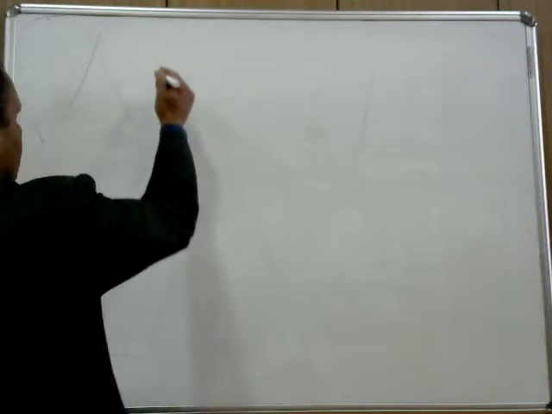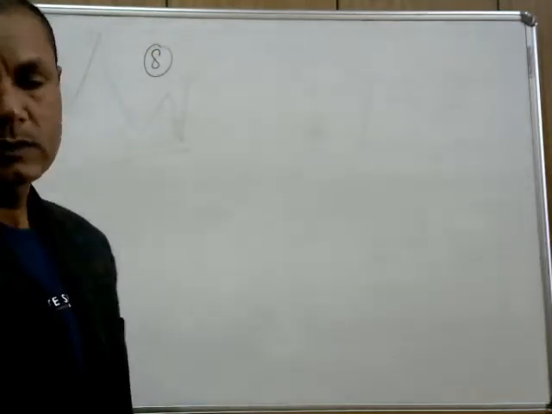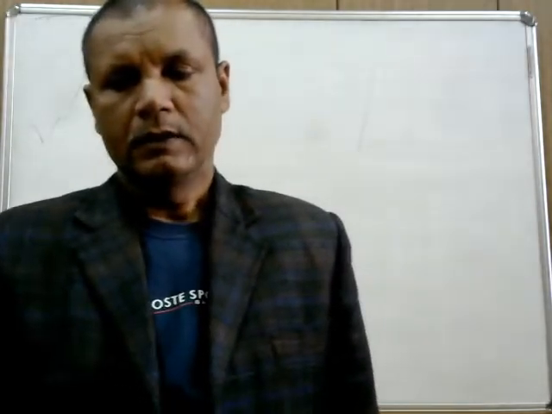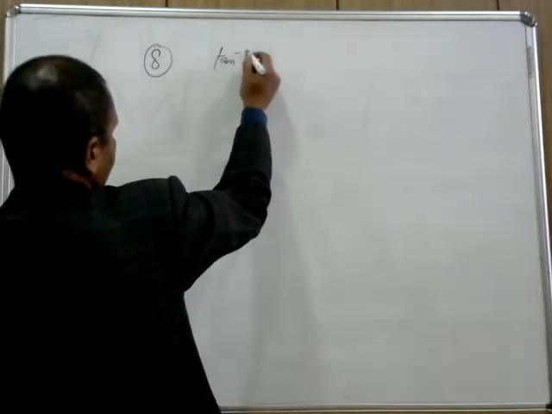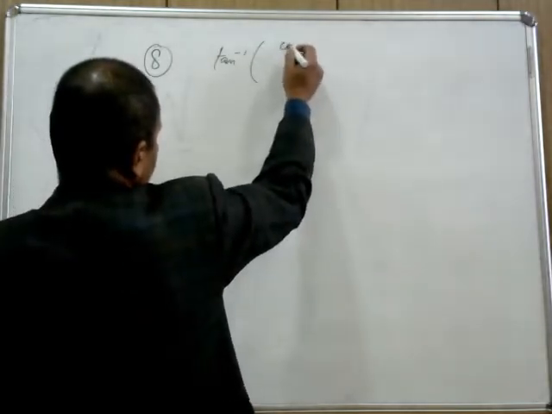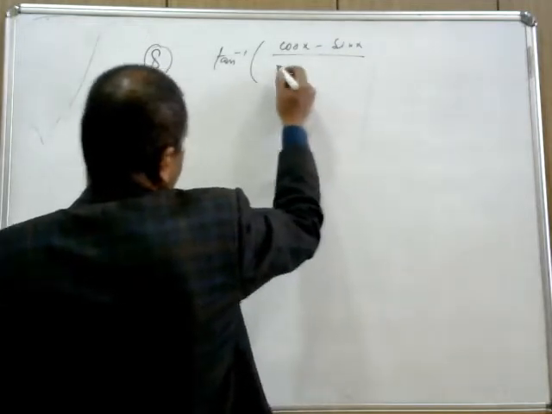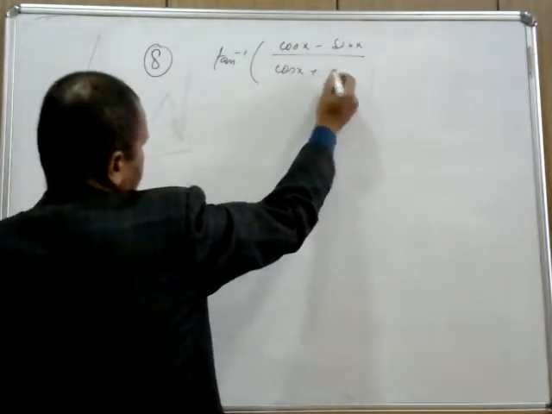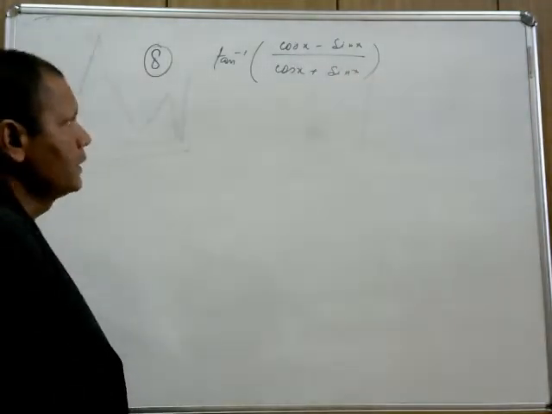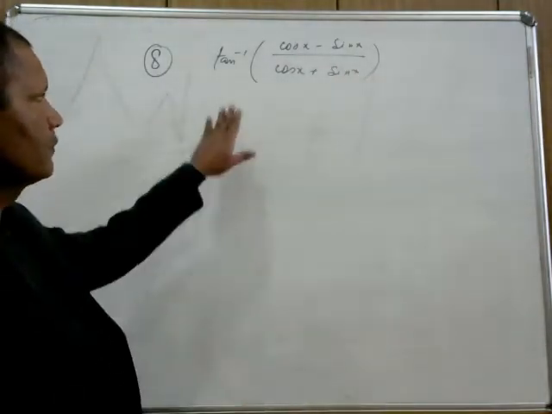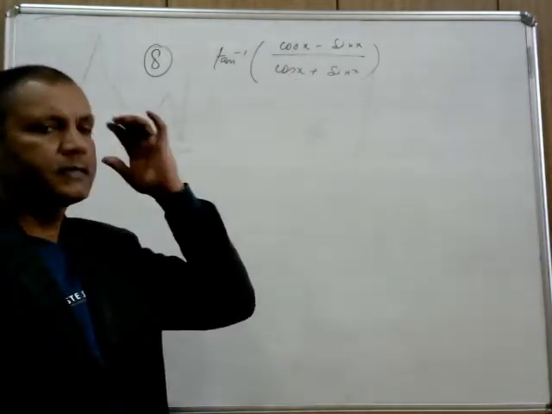That question number 8. In question number 8 we have tan inverse cos x minus sin x upon cos x plus sin x, right? See, here outside we have tan inverse, that's why it cannot be done unless we get tan inside.